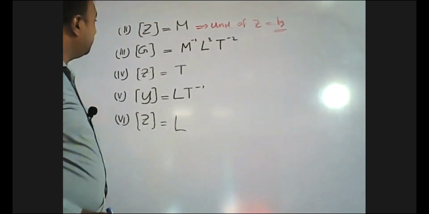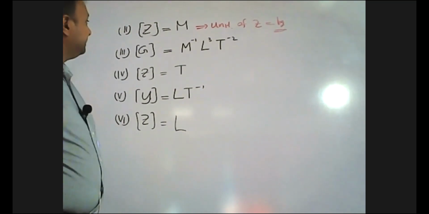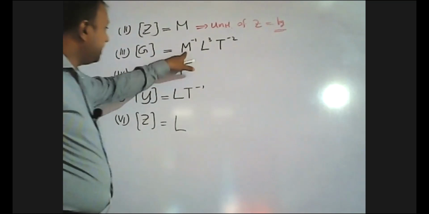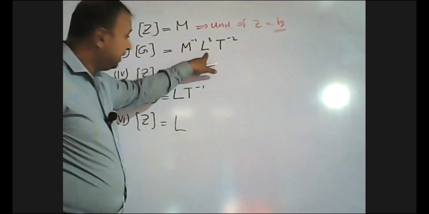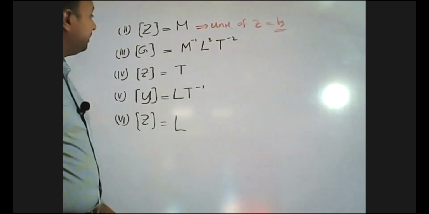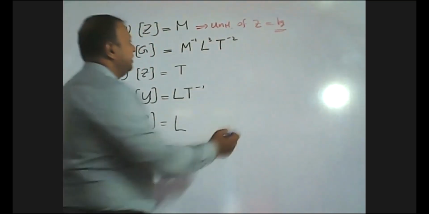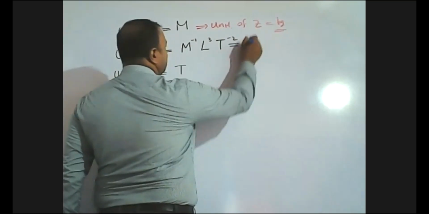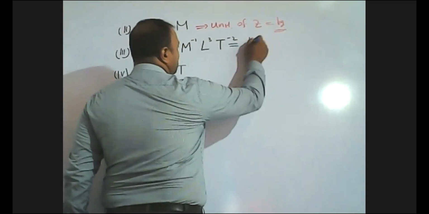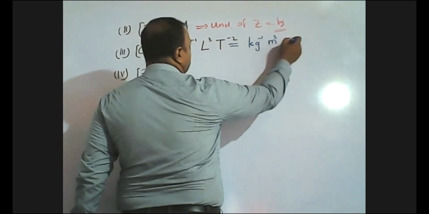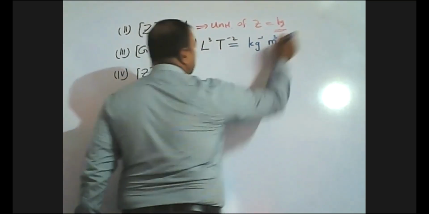So what is the answer for question number 3? We have to assign kilogram for M, meter for L, and second for T. So the answer is kg minus 1 m to the power 3 s to the power minus 2.